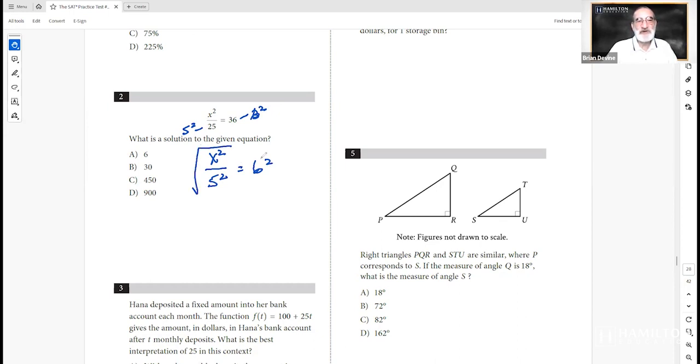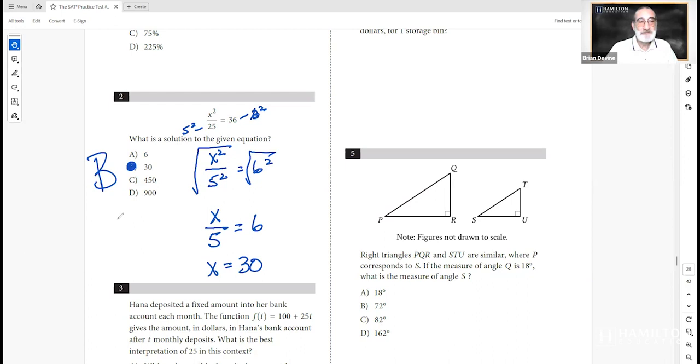The square root of x squared is x, the square root of 5 squared is 5, the square root of 6 squared is 6. And now I can just multiply both sides by 5. So x could be 30. And 30 is one of the answers, and it's the correct answer.